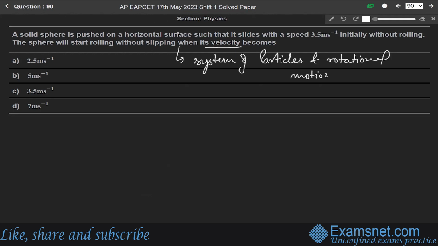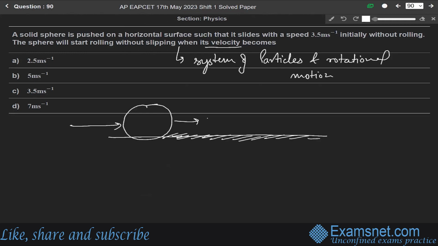According to this question, let us say this is a horizontal surface and this is a solid sphere, and this solid sphere is pushed on this horizontal surface such that it slides with a speed of 3.5 meter per second, initially without rolling. Now, when it starts rolling without slipping, we have to find the velocity at that time. When the solid sphere slides without rolling, we are given v equals 3.5 meter per second.